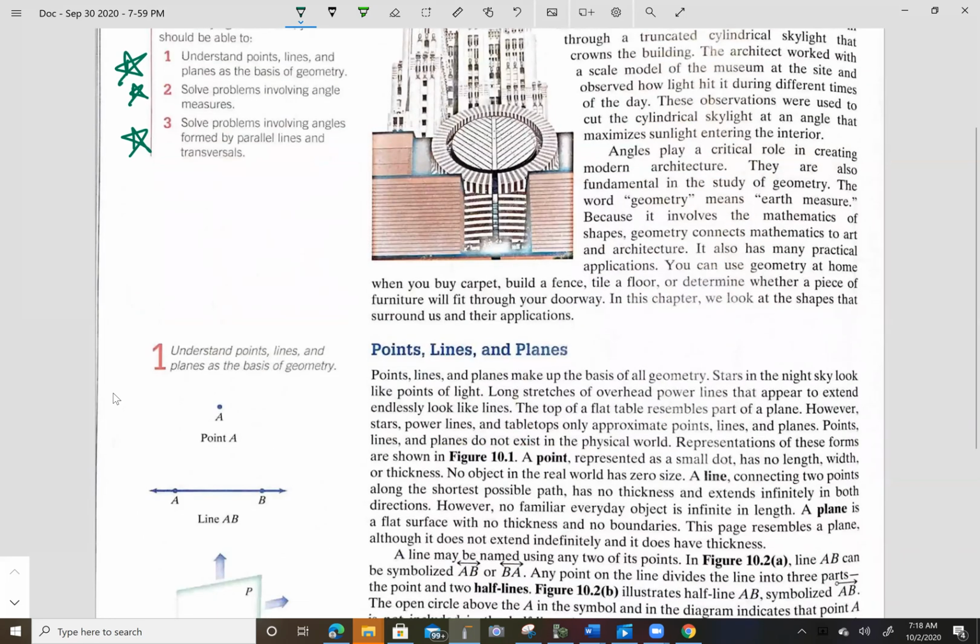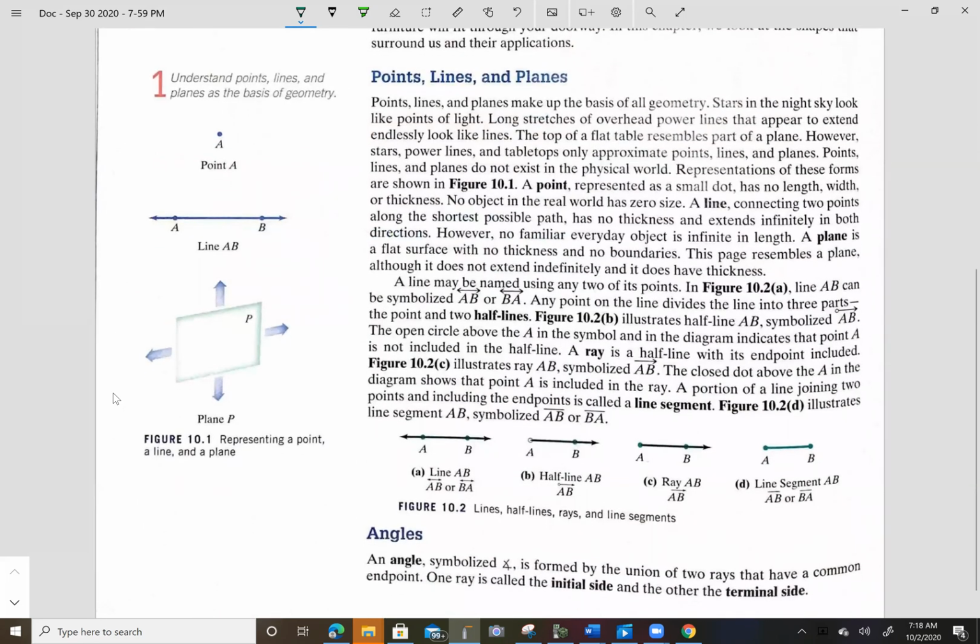So points, lines, and planes. Just go through and look for the bold. A point represents a small dot, has no length, width, or thickness, right? A line connects 2 points along the shortest possible path, like a straight line.